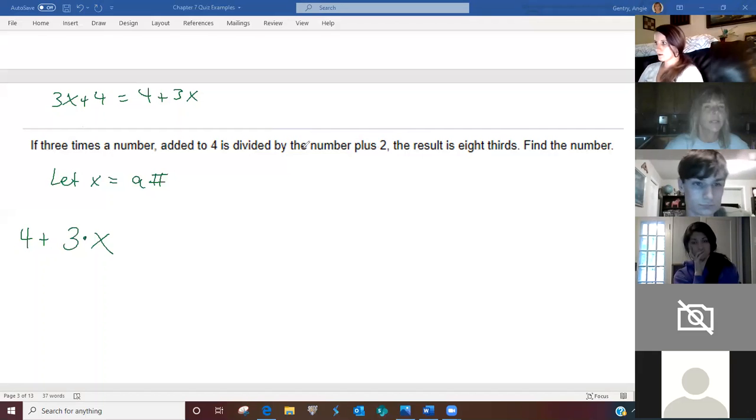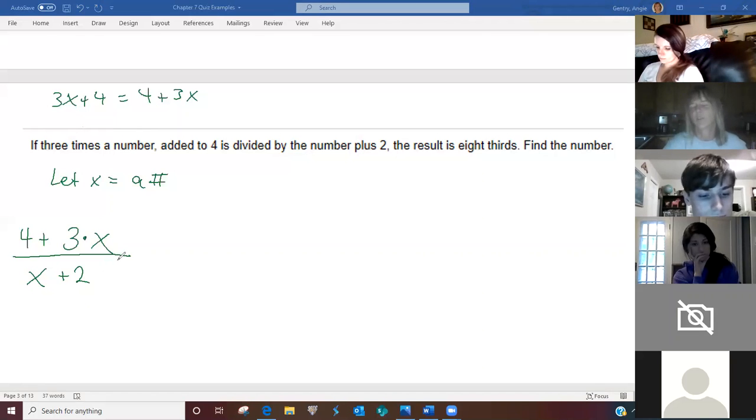See, this is hard. If 3 times a number added to 4, this whole thing is divided. This is the one time where is does not mean an equal sign. This piece is divided by the number plus 2. You see how I translated that?